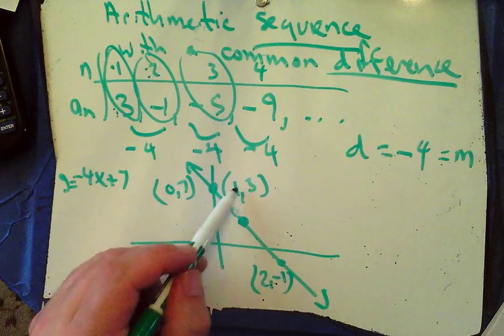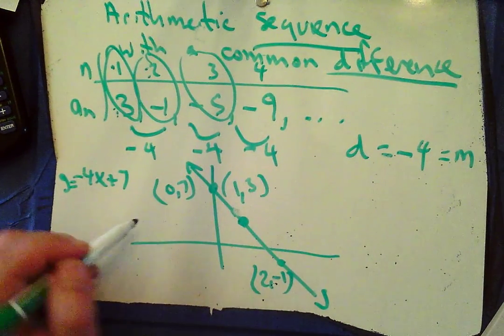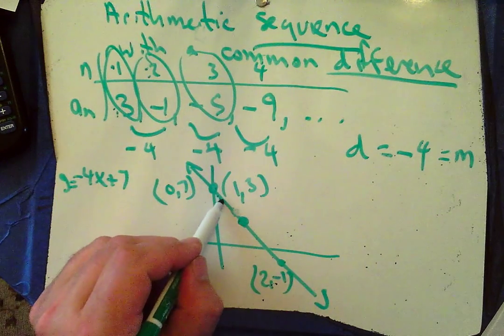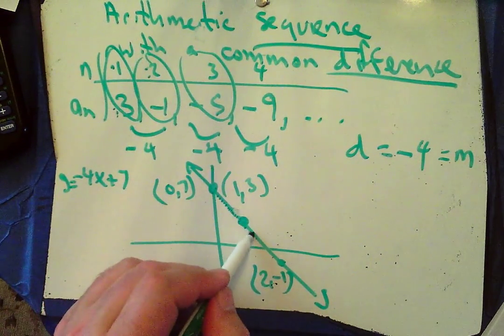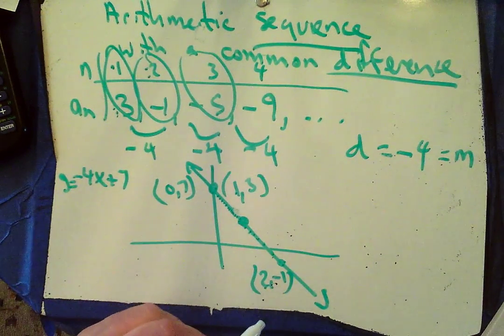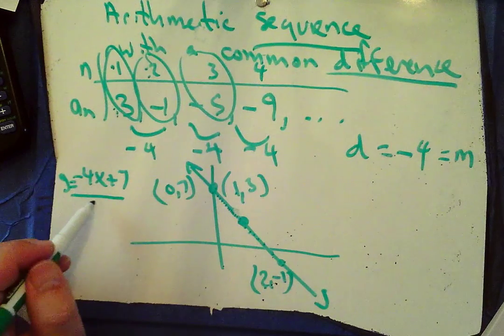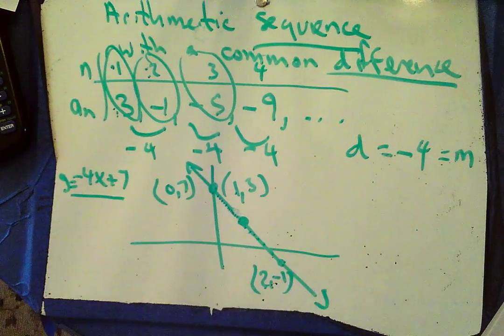So these points are contained on the line y equals negative 4x plus 7. But so are all these other points here. There's an infinite number of points between n equals 1 and n equals 2. So this line contains an infinite number of points, all the points.